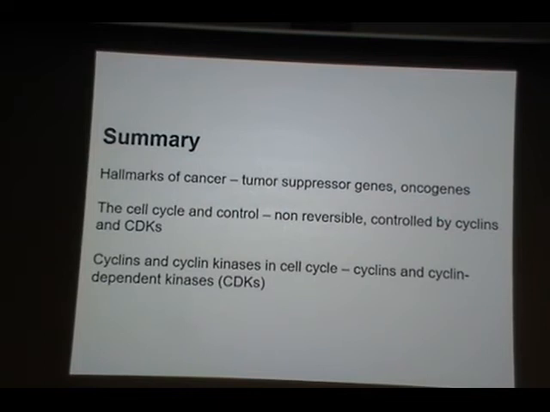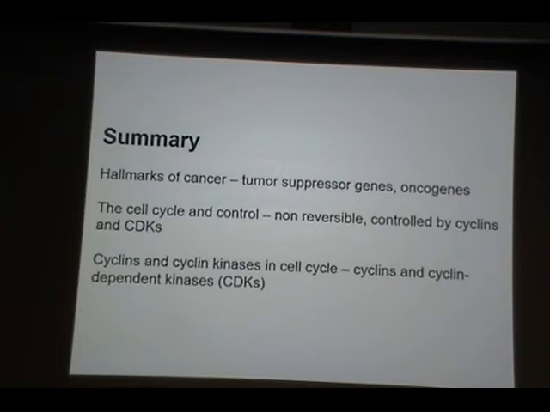I just want to summarize. So far, I'm talking about the hallmarks of cancer. So far for us, we just need to know there are tumor suppressor genes and there are oncogenes, and they work together to make a normal cell become a cancer cell.